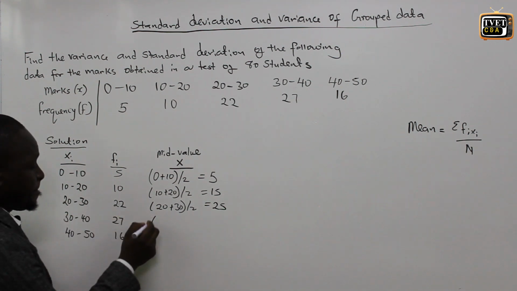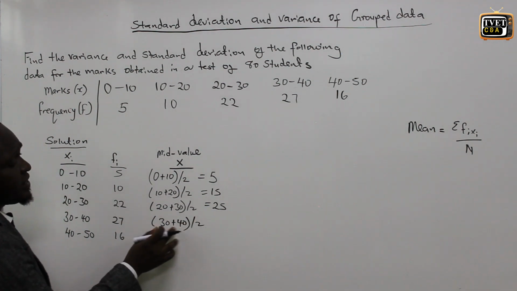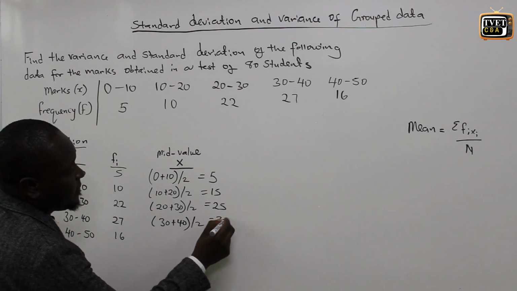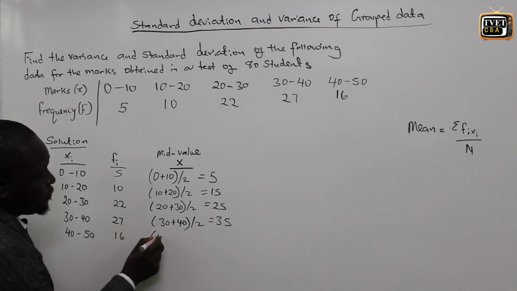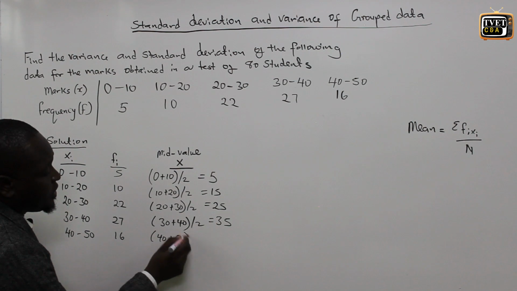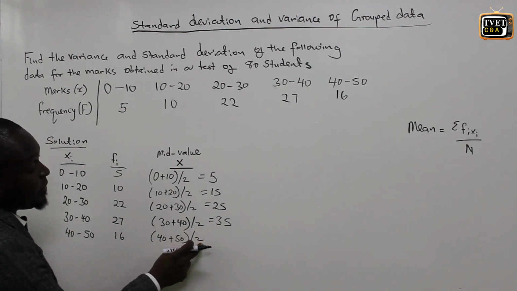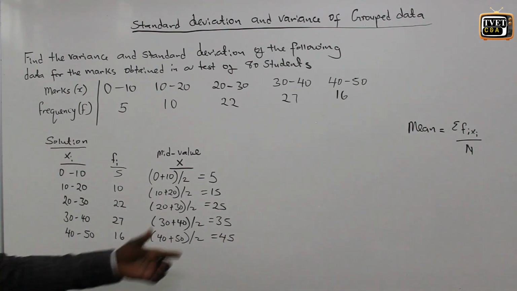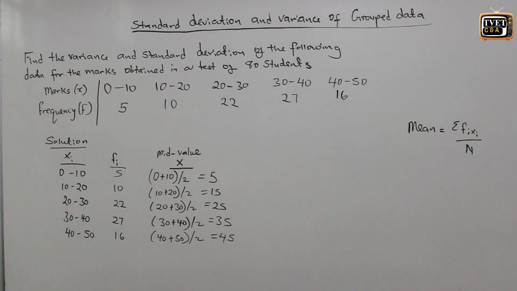You have 30 plus 40 divided by 2. 30 plus 40 is 70. 70 divided by 2, you'll get 35. Now, we have 40 plus 50 divided by 2. 40 plus 50 is 90. 90 divided by 2, you get 45. Now, our mid values are in this column. We have 5, 15, 25, 35, and 45.